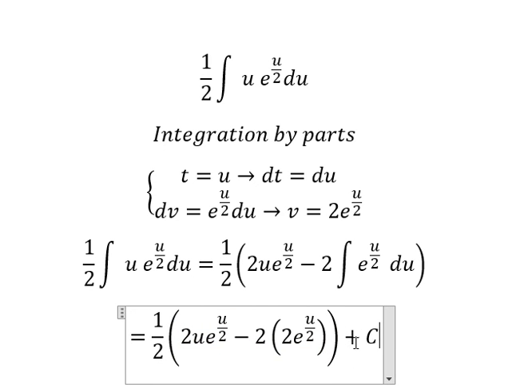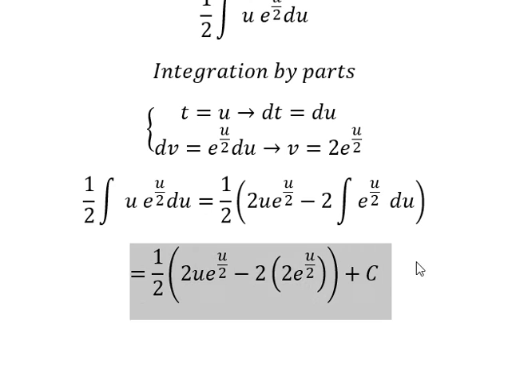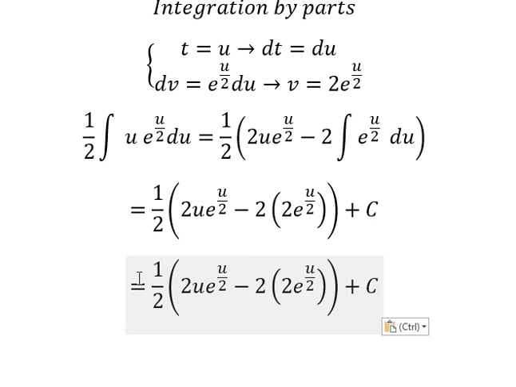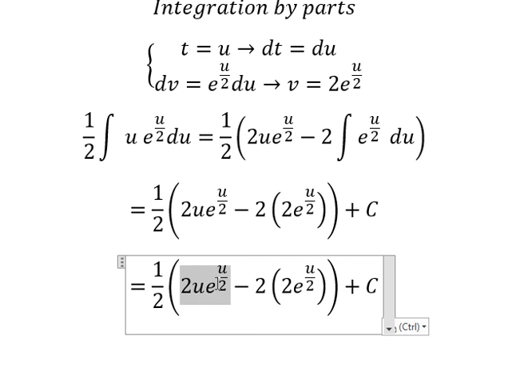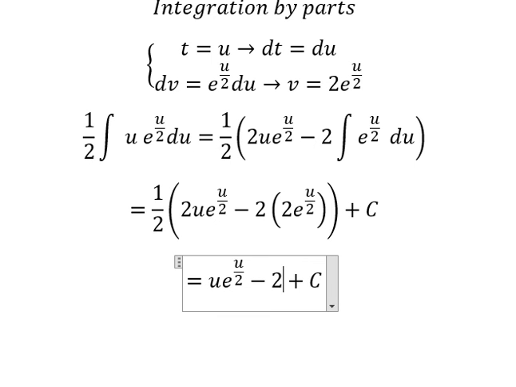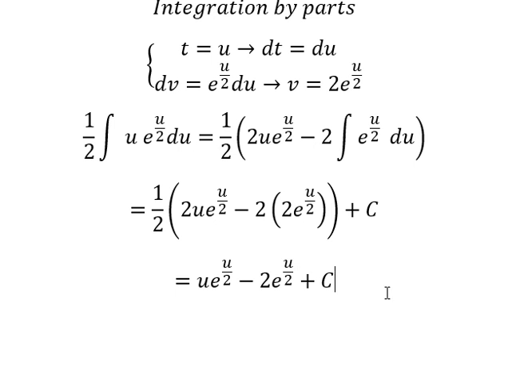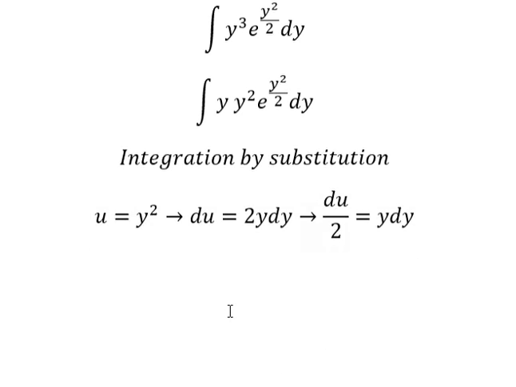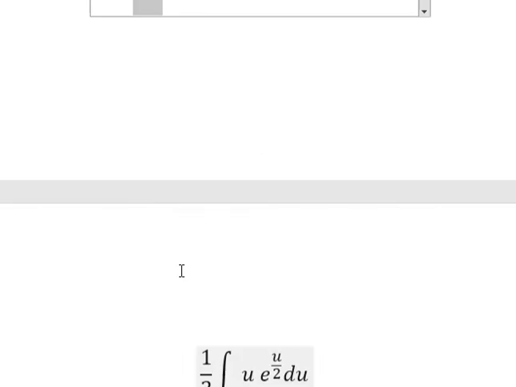And we put c. So 1 over 2 multiplied by this one and this one. About u, that is this one.